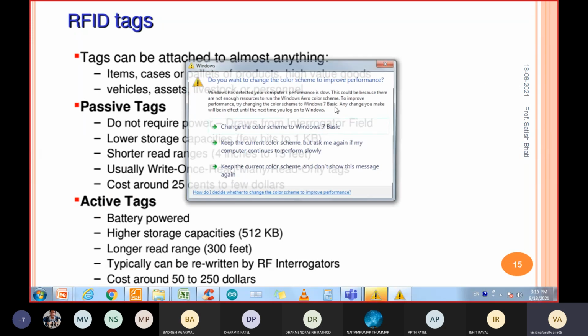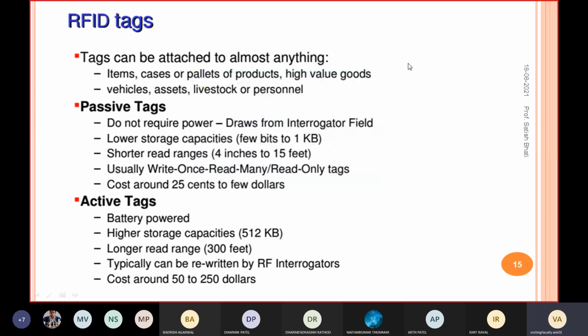So some more information about this passive and active tag. These tags can be attached to almost anything, like items, cases, products, goods, vehicles, assets, livestock, or on a person, right? So as we discussed, passive tags do not require power, meaning they do not require an onboard battery.